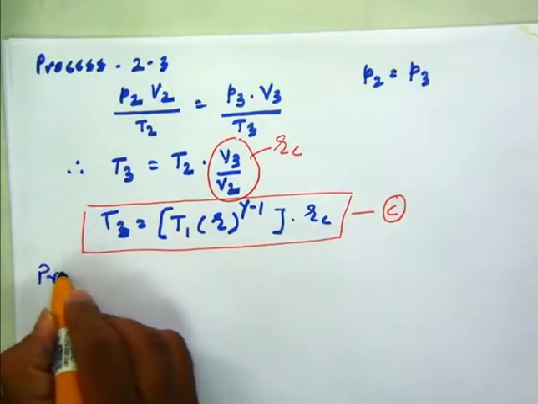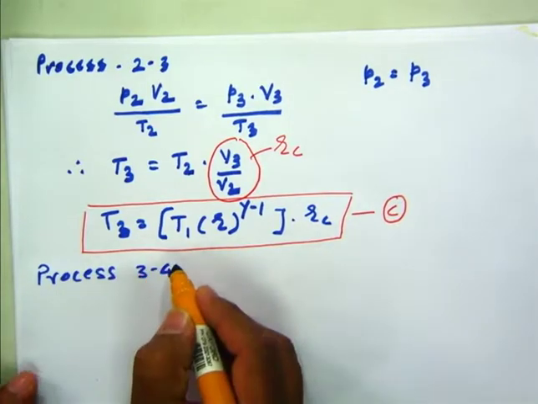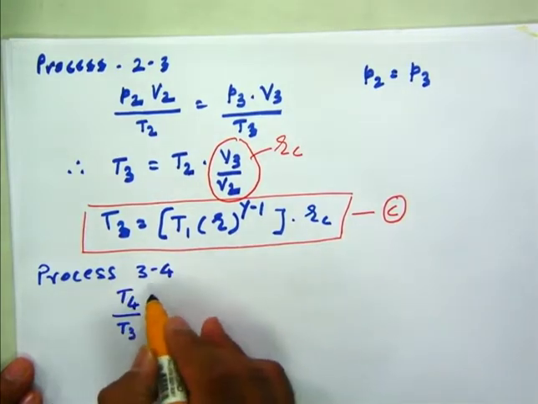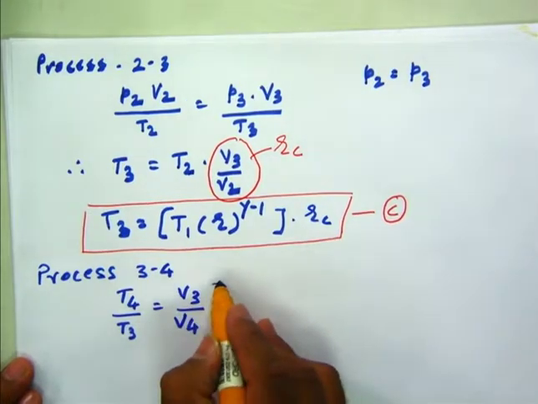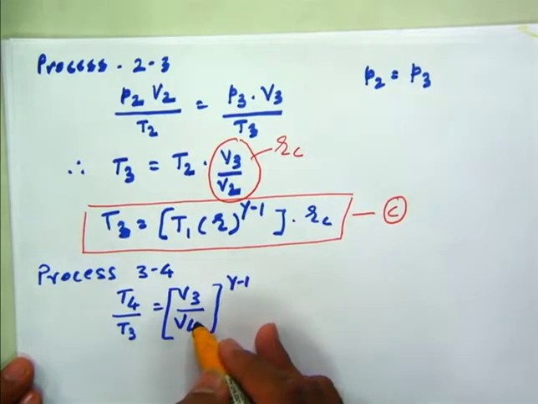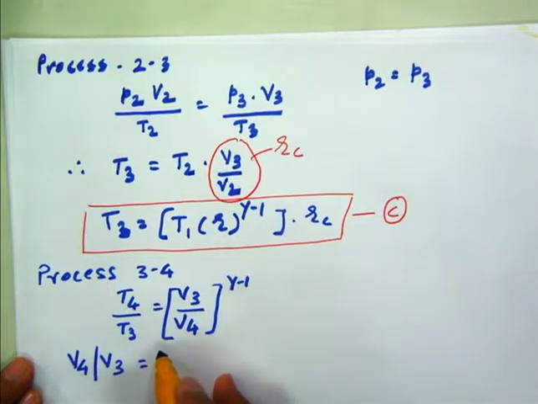For process 3-4, T4 upon T3 is equal to V3 upon V4 raised to gamma minus 1. But we have V4 by V3 is equal to R upon RC.